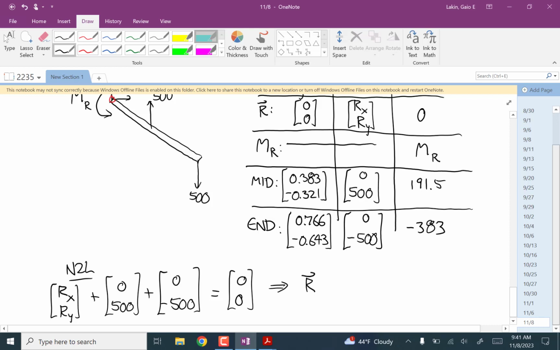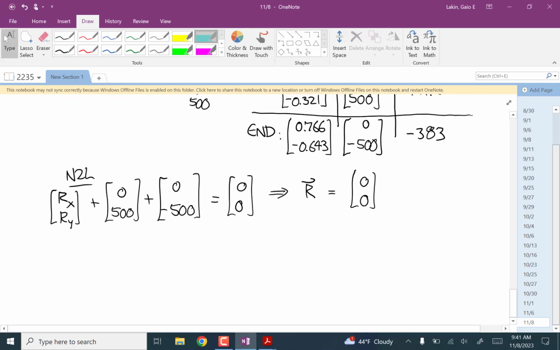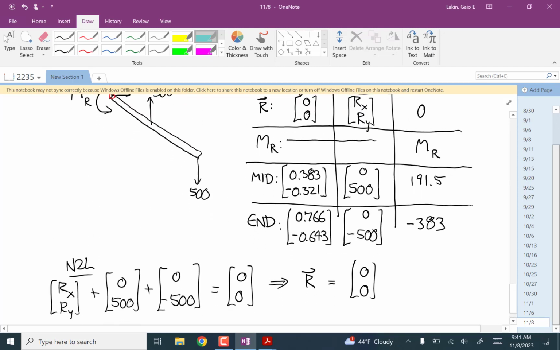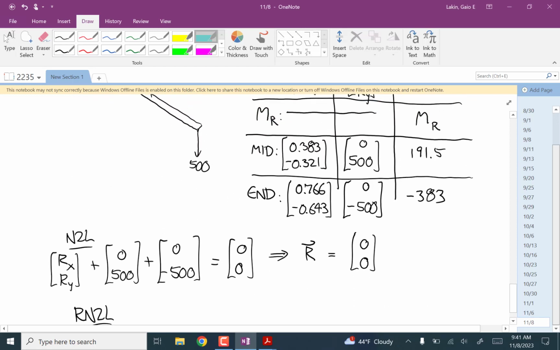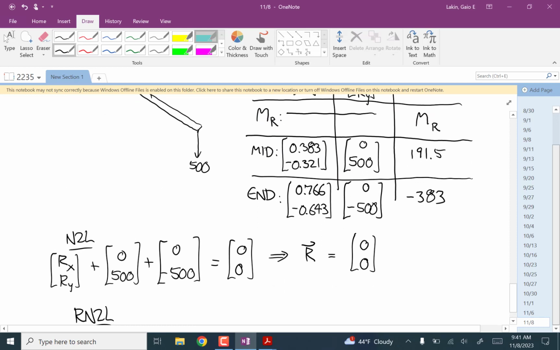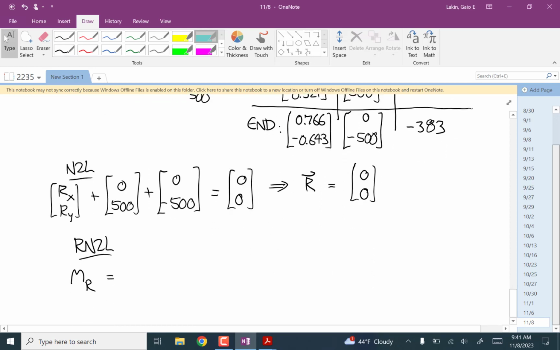And so R is just equal to 0. Okay. Well, I didn't mean to do that, but then the couple is, so we got MR is equal to negative 191 plus 383. So this is equal to plus 191.5.